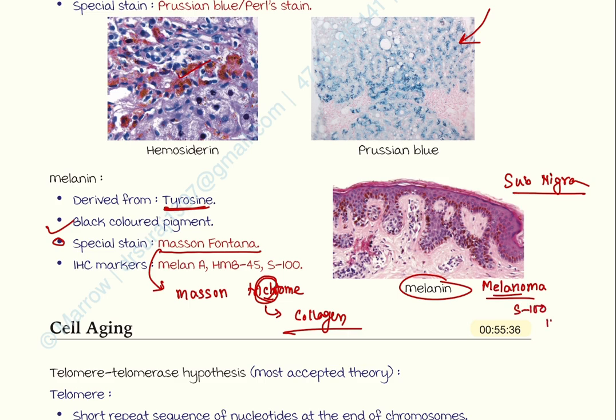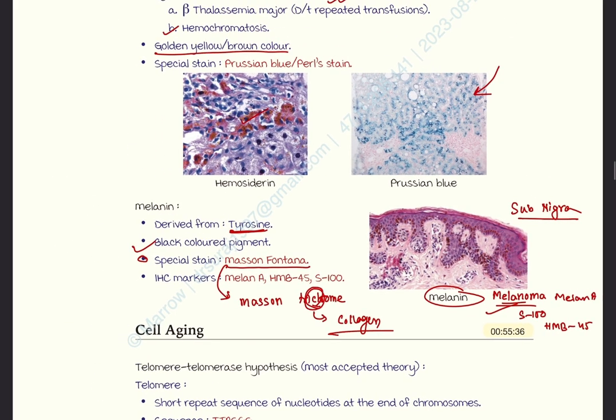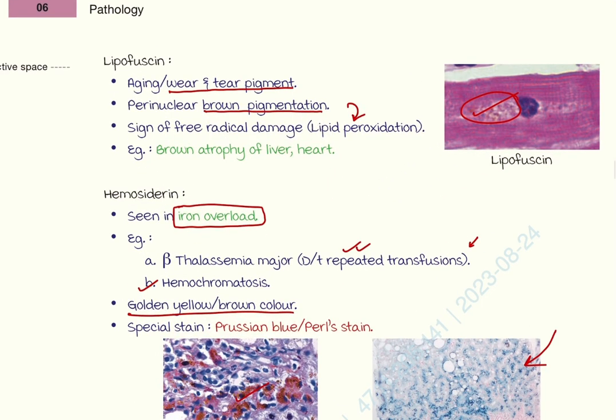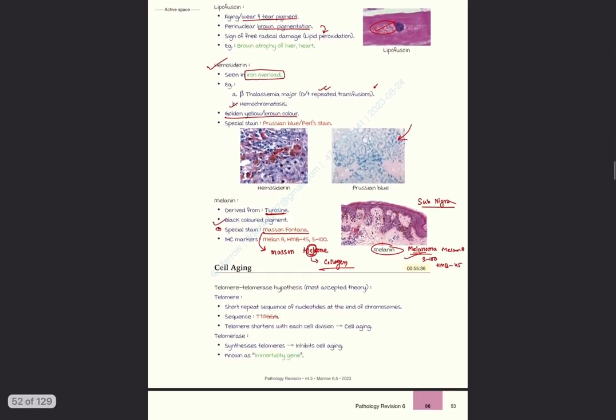S100, HMB45, even Melan A, these are the markers which are increased. Now please do remember, in hemochromatosis there may be bronze like pigmentation of the skin, but that is not because of hemosiderin getting deposited there, that is because of melanin. Okay, so this is what we have to know.